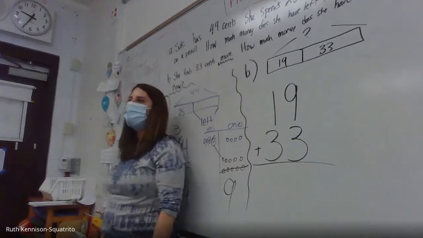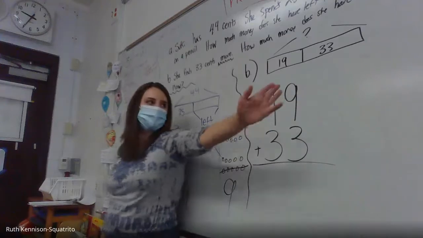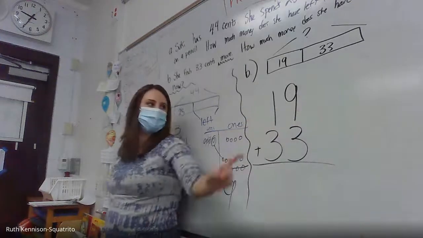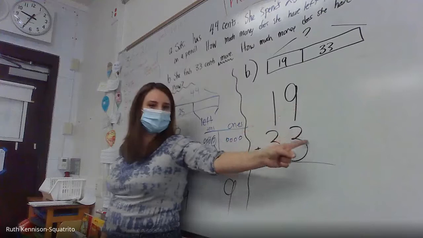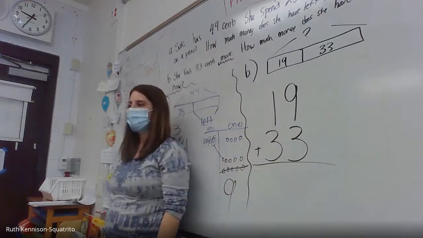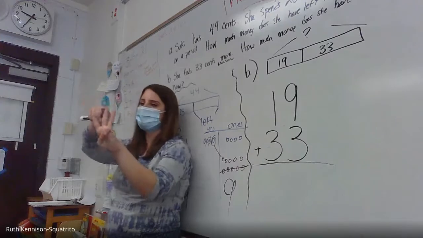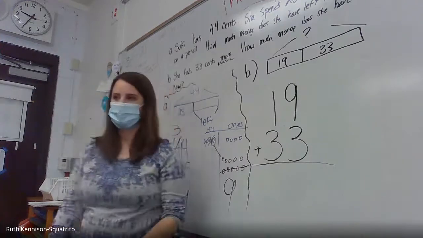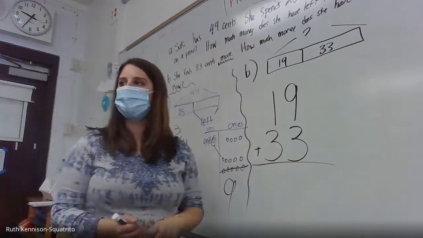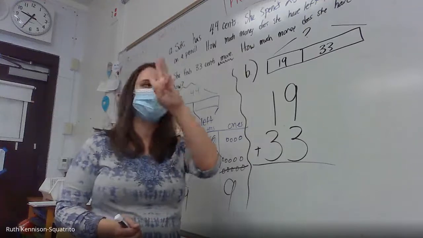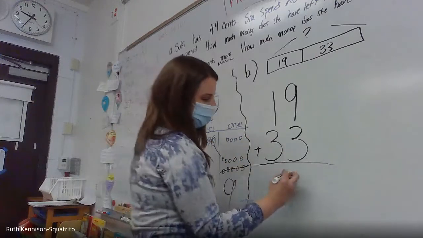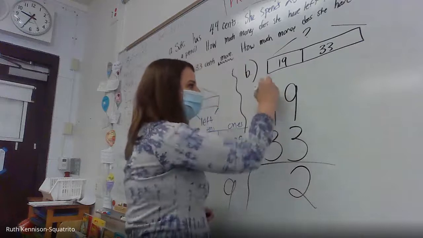So think about it, we always start on our right. You do 9 plus 3. So let's do that together. 9, 10, 11, 12. Right? Is that what y'all got? 9, 10, 11, 12. Very good. I see you guys working away.